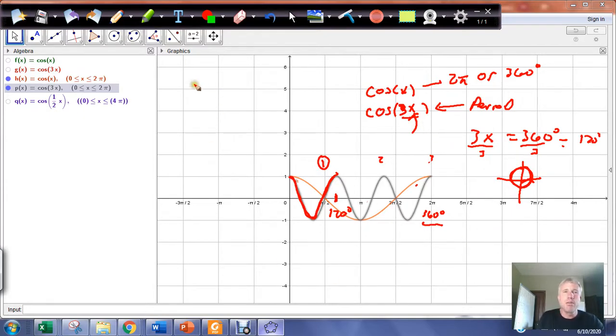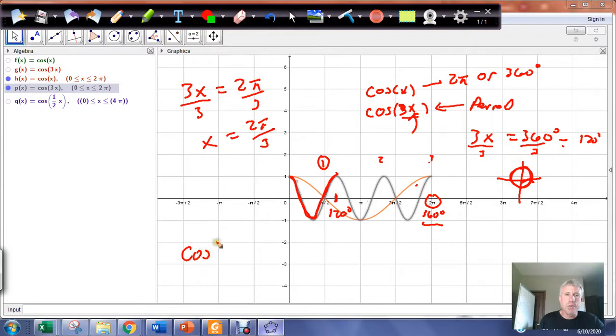If I were working in radians, I would ask the same question. If I want to label this as 2 pi, which is how we have the input axis labeled, just ask the question, when does 3x equal 2 pi? Well, divide both sides by 3, and we discover that 3x will equal 2 pi when x is equal to 2 pi over 3.